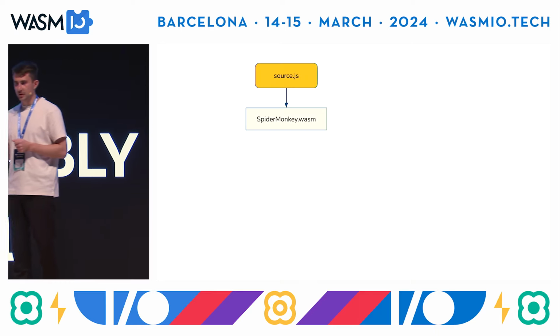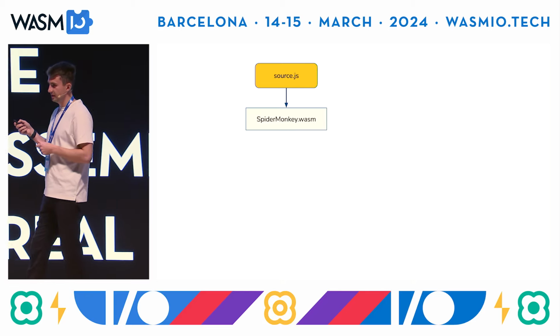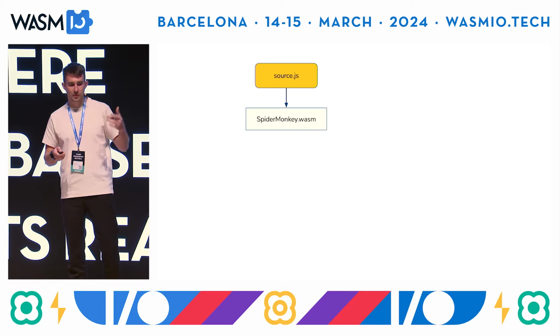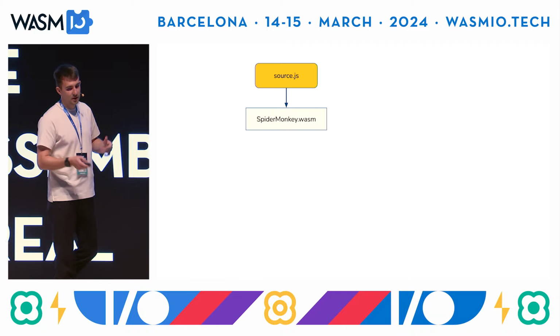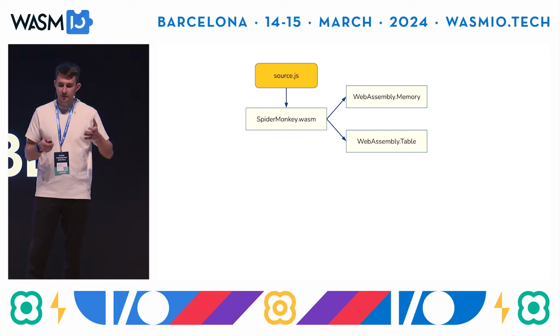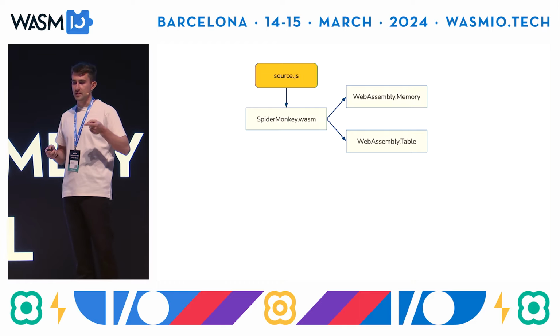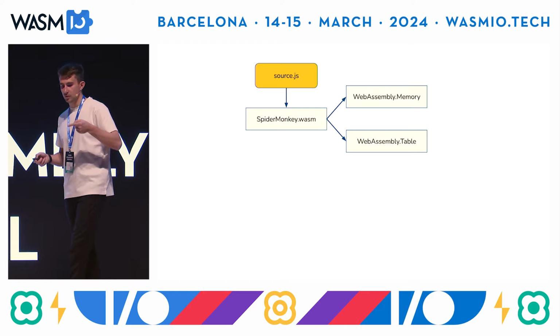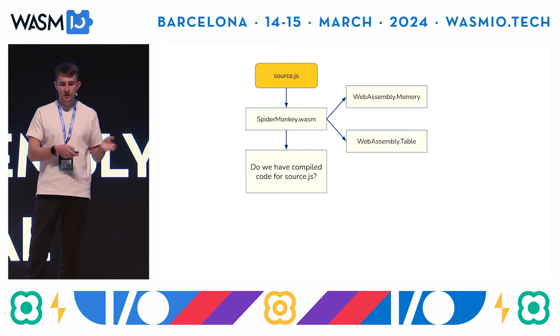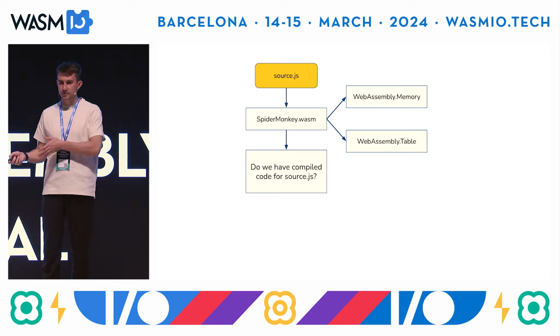So let's see how SpiderMonkey internally calls code when it compiles it to WebAssembly. When we execute a source.js, it goes to spidermonkey.wasm, and this spidermonkey.wasm has its own WebAssembly memory and its own WebAssembly table. And then, if we have a compiled code for source, we will go to JIT.